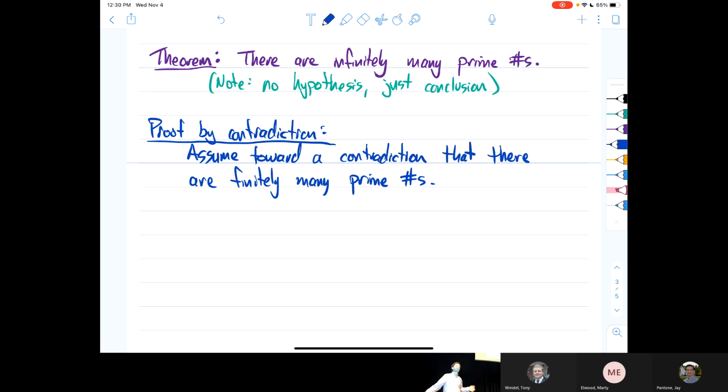So if there are a finite number of them, let's write them all out in a list. We're not going to actually write actual numbers because we wouldn't know which ones they are. This is a parallel universe where we're assuming something that's not true, but we can give them names. So let's list them in increasing order.